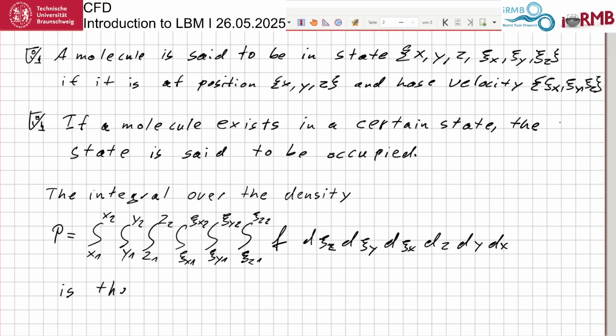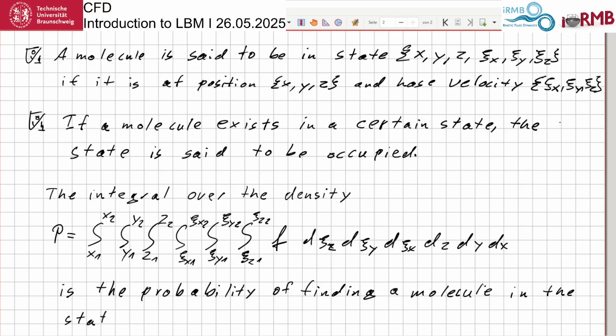So this integral is the probability of finding a molecule in the state volume.